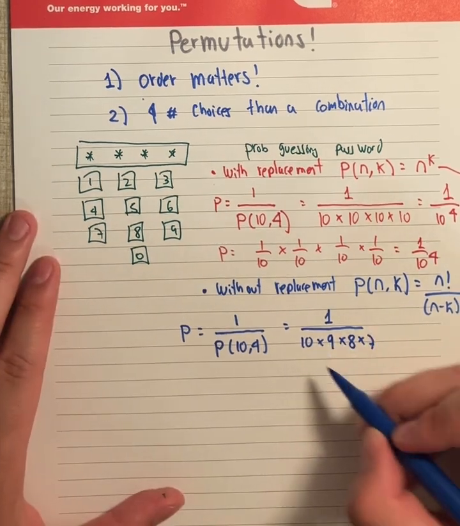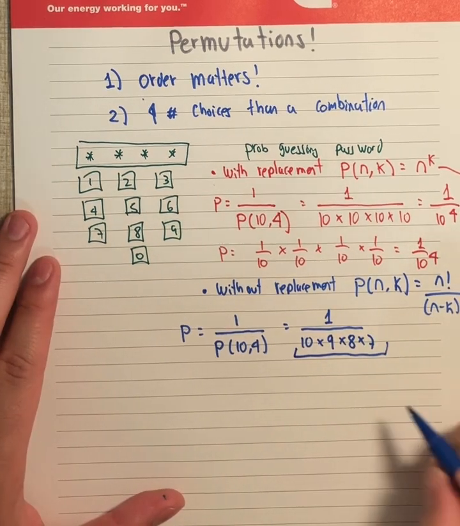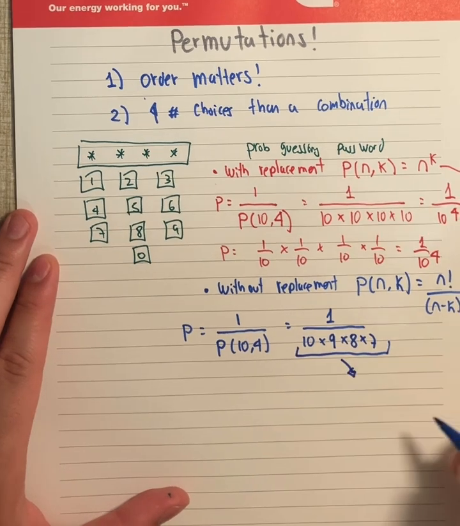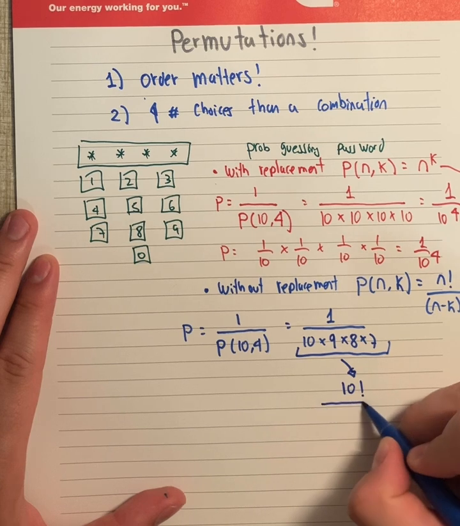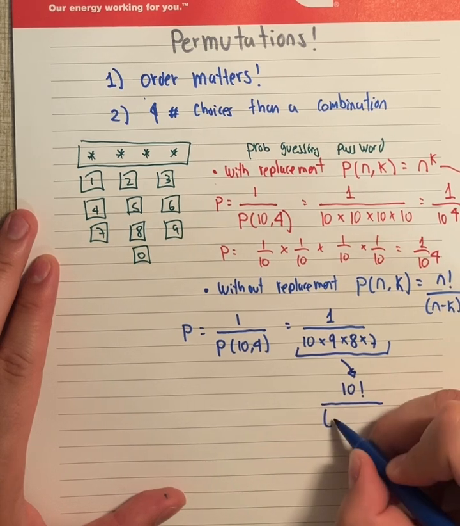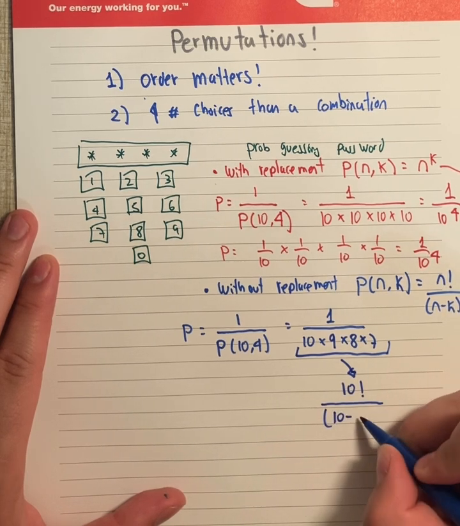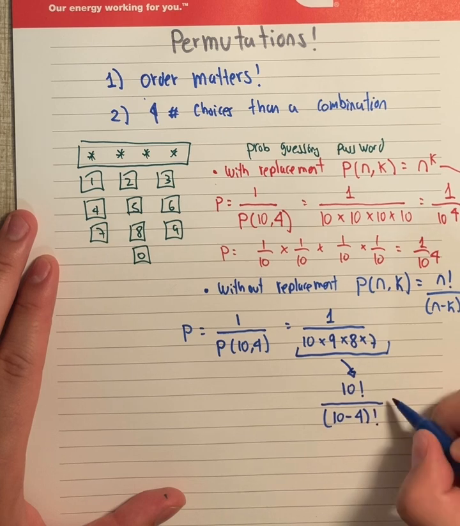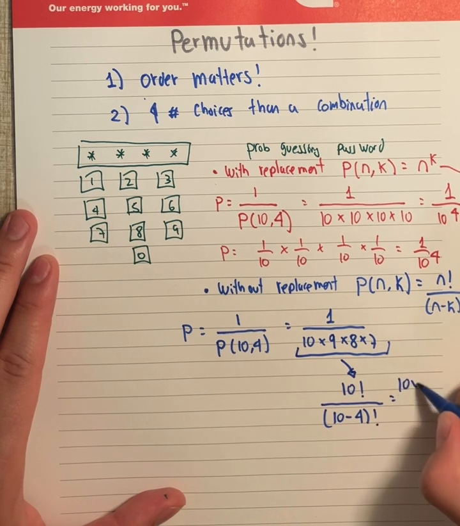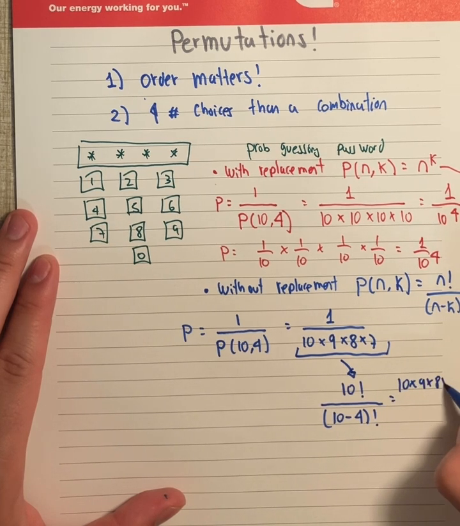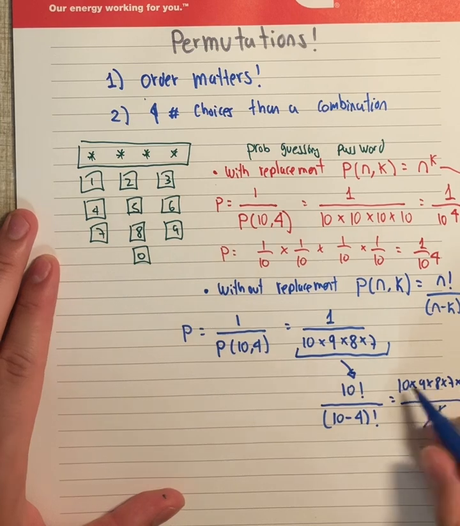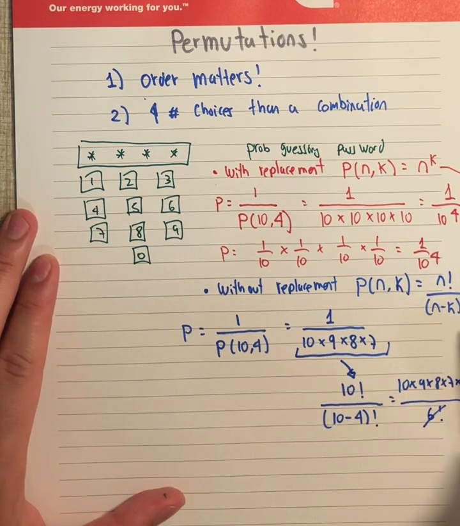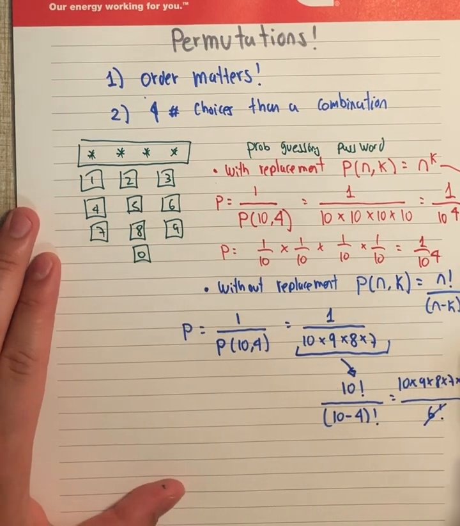In other words, this can be written as 10 factorial over 10 minus 4 factorial. So this is pretty much 10 times 9 times 8 times 7 times 6 factorial over 6 factorial. That's why you can cancel it, and that's why this formula makes sense and it works, right?